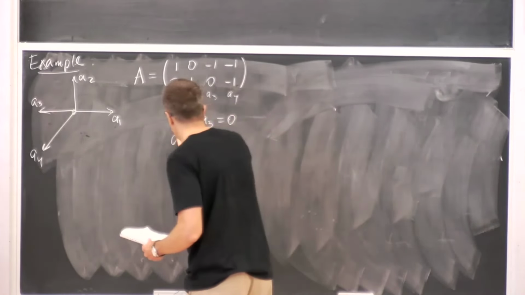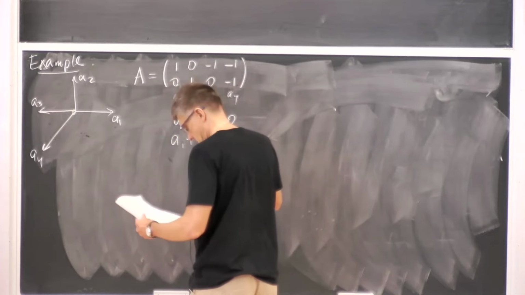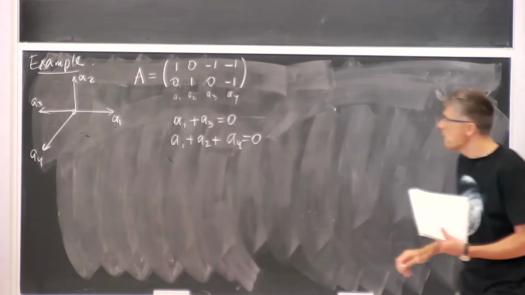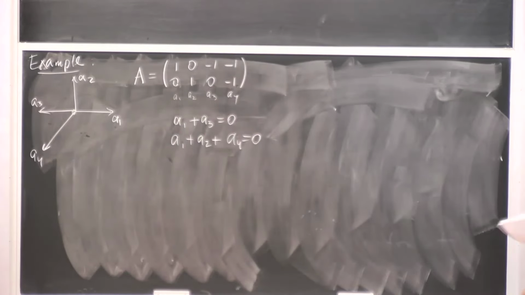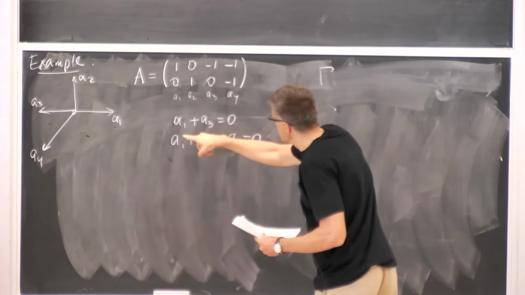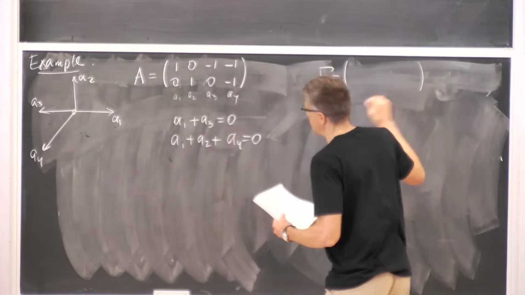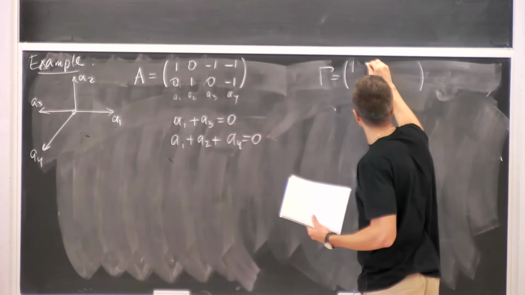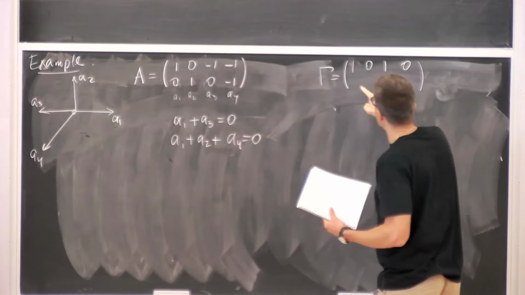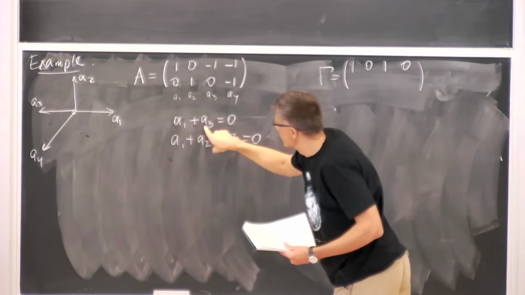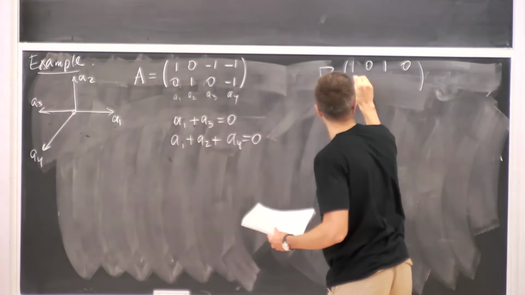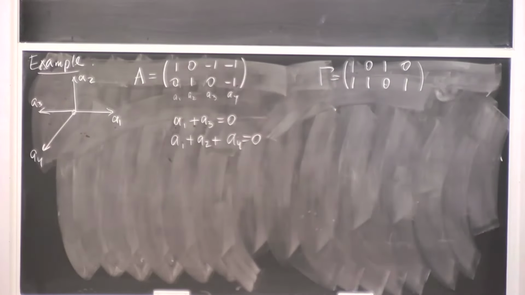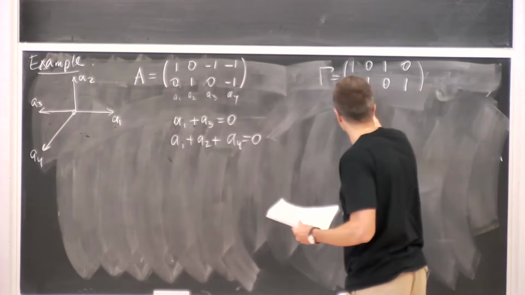Another one is A1 plus A2 plus A4 is 0. So there are 2. Then you write down the coefficients of those relations as rows in your matrix. That's 1, 0, 1, 0, and now 1, 1, 0, 1. And then the columns of this matrix form a Gale dual configuration.